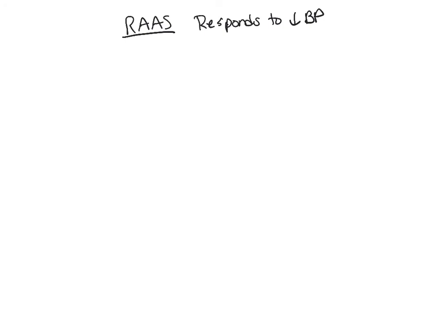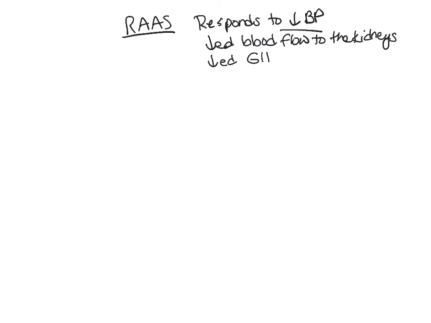When you have decreased blood pressure, that means you also have decreased blood flow to the kidneys. This means there will be a decreased glomerular hydrostatic pressure, which leads to a decreased glomerular filtration rate. So the whole purpose of the RAAS is to increase the glomerular hydrostatic pressure and increase the glomerular filtration rate. So let's see how this happens.